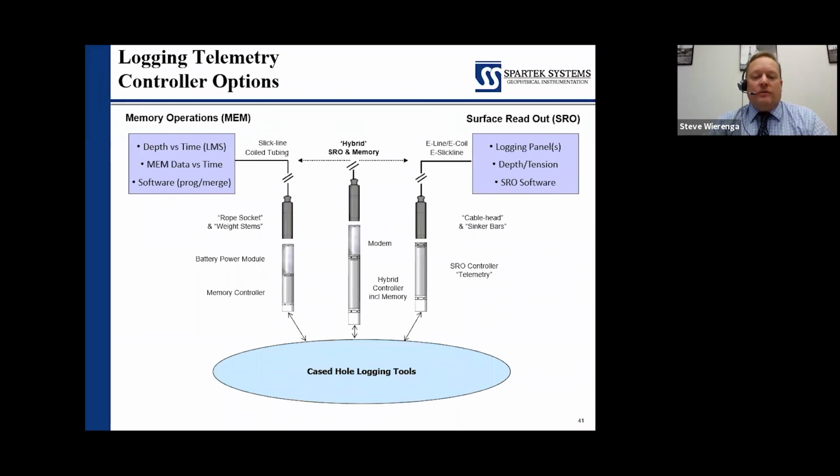As I mentioned, the Spartek tools have the ability to run both surface readout and memory. We've also got a hybrid telemetry that allows us to see surface readout or go memory. How this tool works is we have a telemetry section in there that is memory.